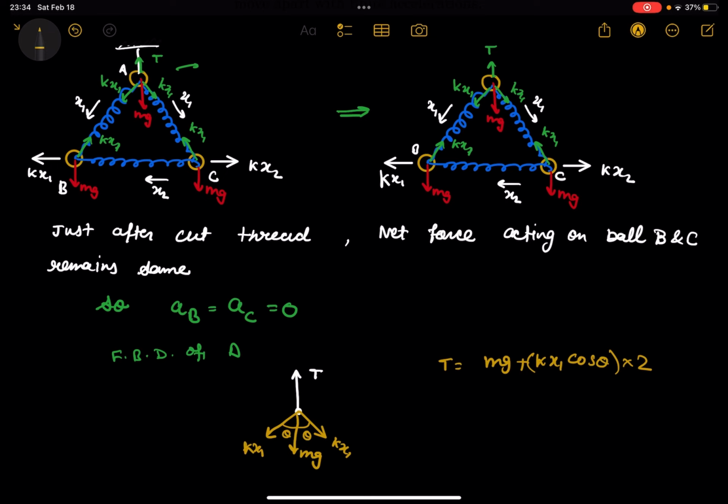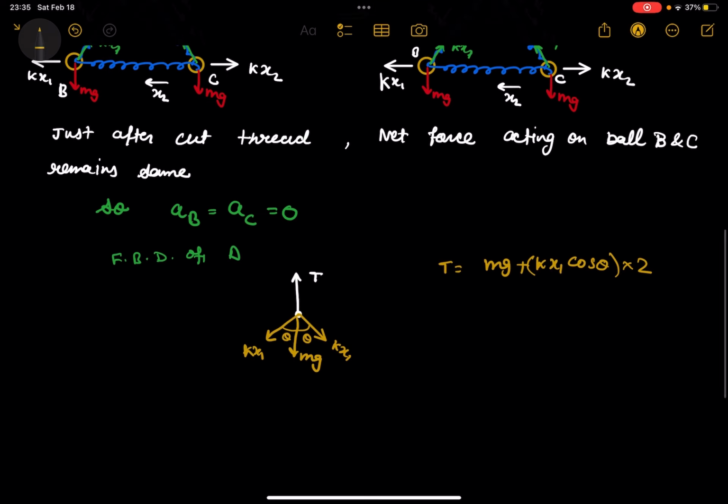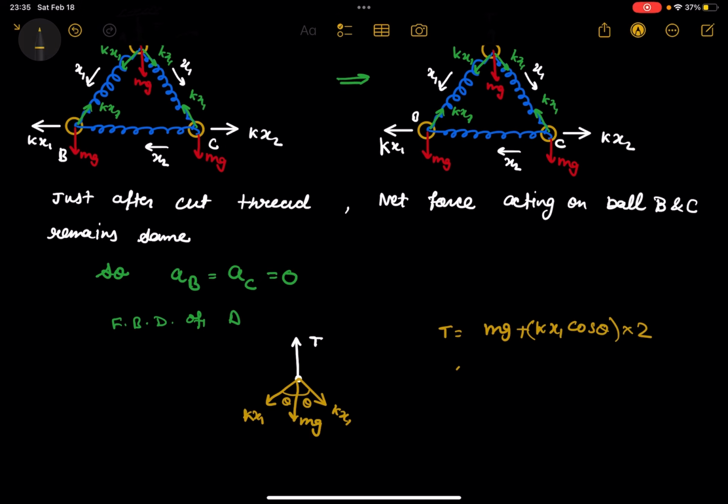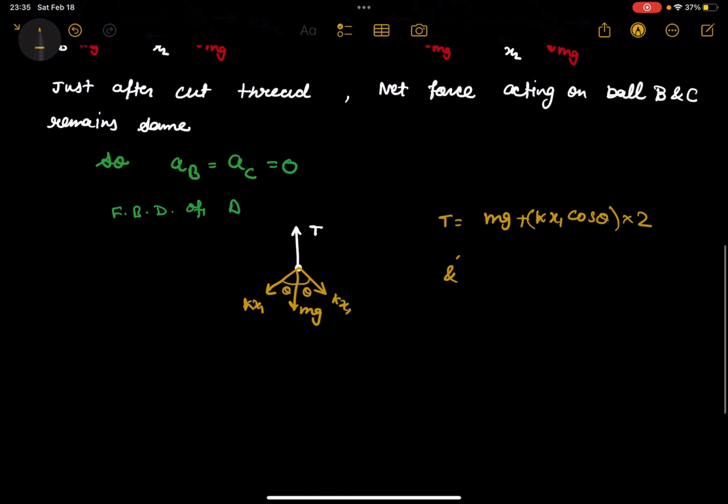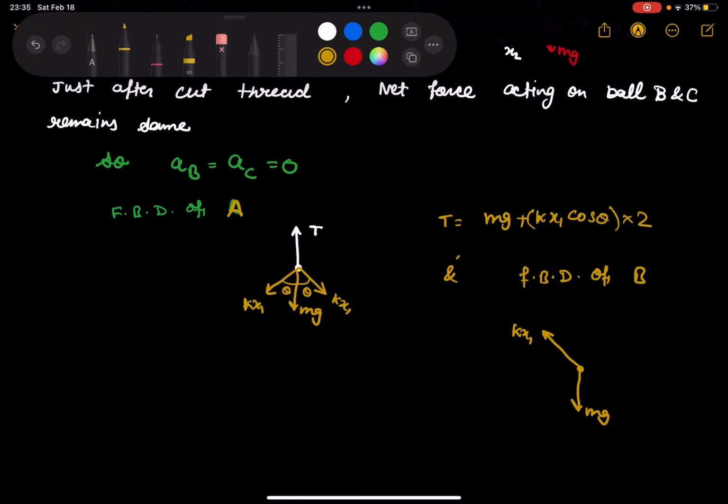If I'm talking about the kx1, then in the FBD of B, one force is acting in this direction, that is kx1, and here it is mg, and this angle is theta.